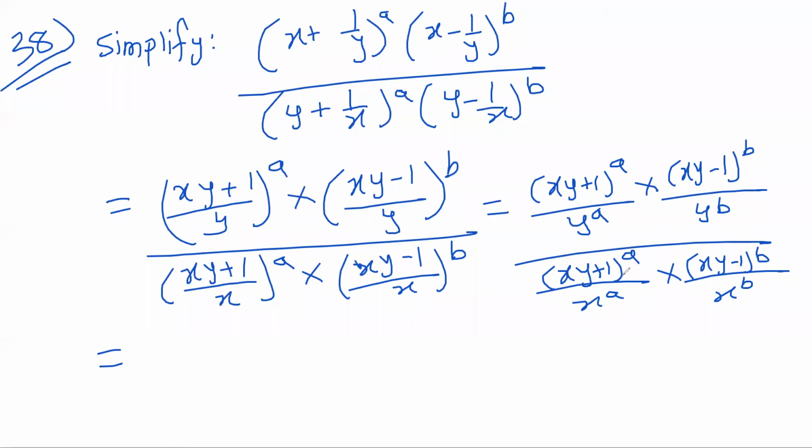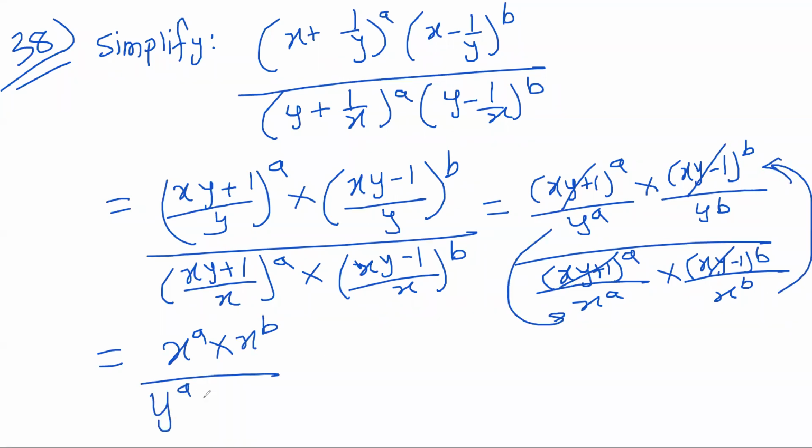It is very easy. See, you can directly cancel this. Yes, everything is multiplication. And you get x raised to a into x raised to b on the numerator and this on the denominator, and y raised to a into y raised to b. So you get x raised to ab.